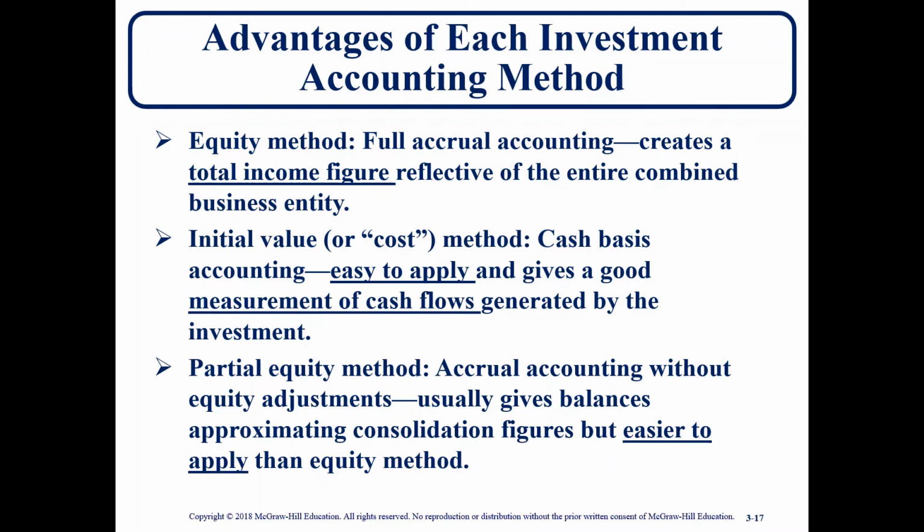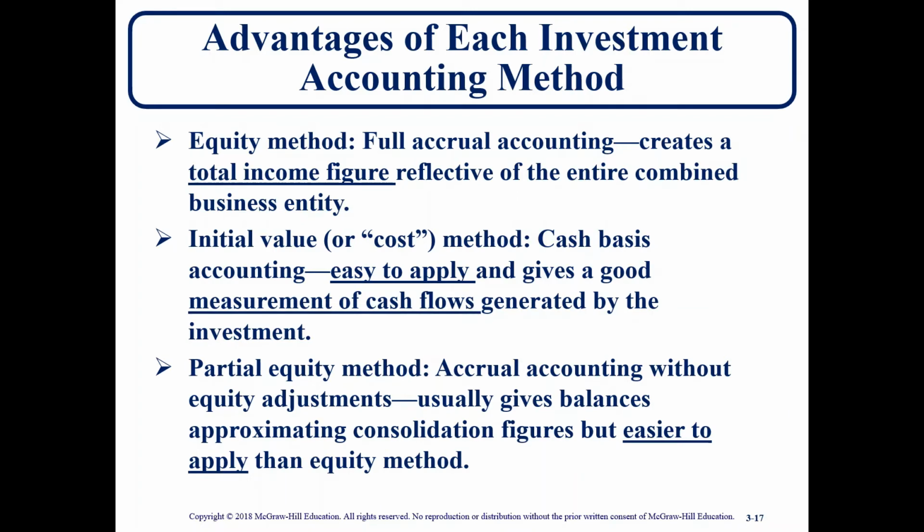The initial value method is actually just giving us a measurement of strictly cash flows. So basically, we're going to keep track of the acquisition, the consideration transferred to purchase the subsidiary, and also any dividends, dividend income. For the partial equity method, it's sort of like a modified equity method.